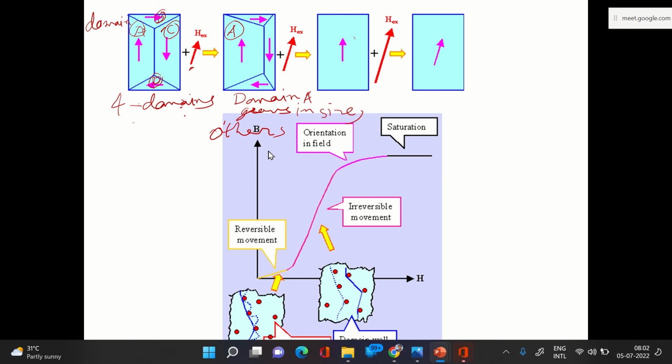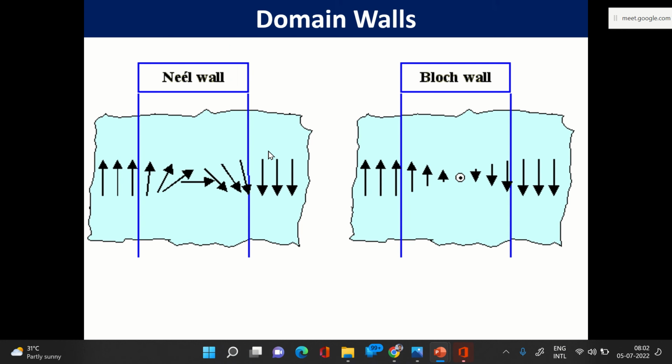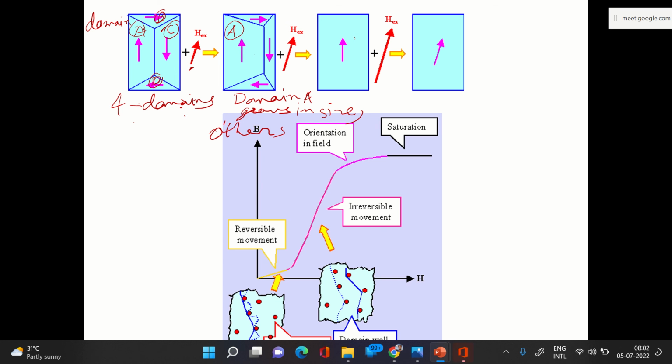So the other domains shrink, one domain is growing bigger, and finally the others are gone, only one domain. So a single domain is now there.